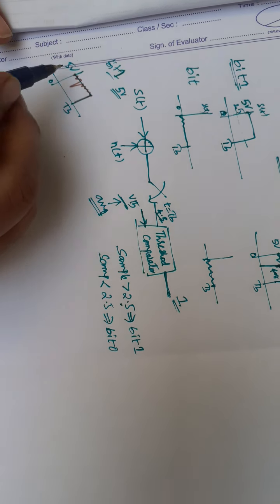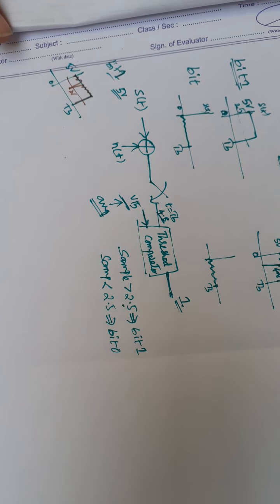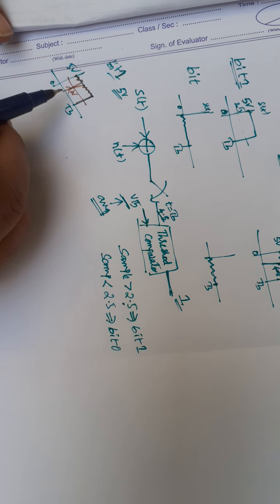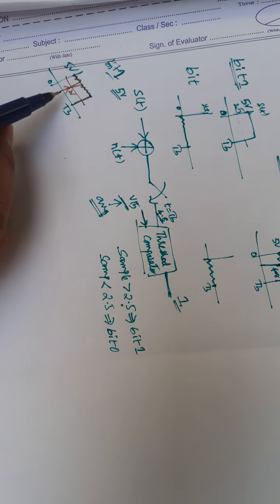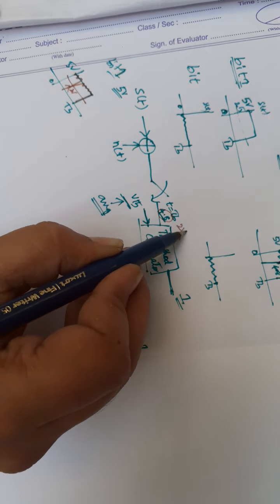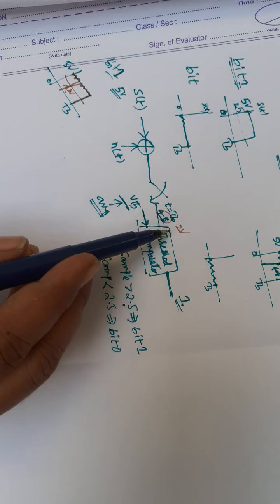This point I have written as 2 volts. If noise is more, and I take the sample at this point, the sample value is 2 volts. In case 2, at t equal to TB, the sample value is 2 volts.